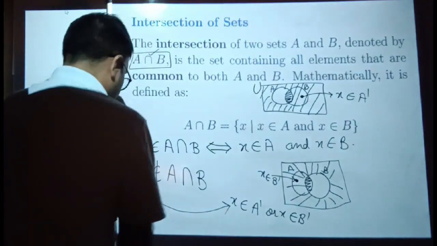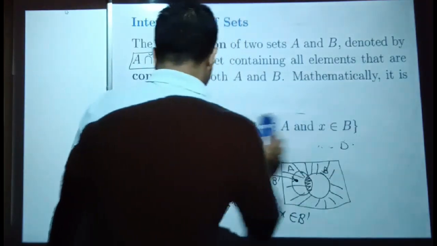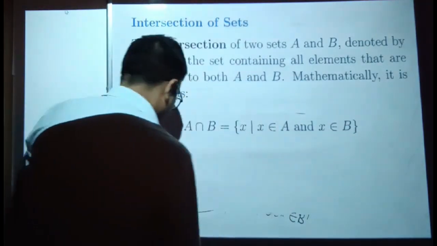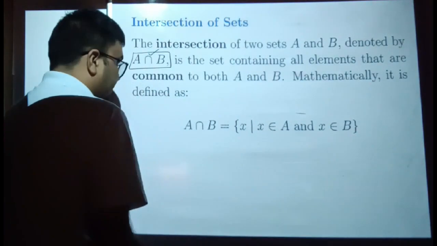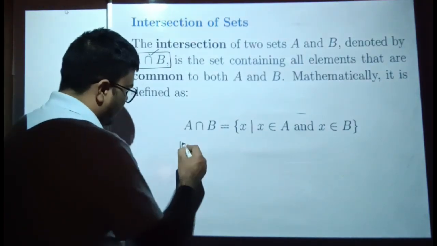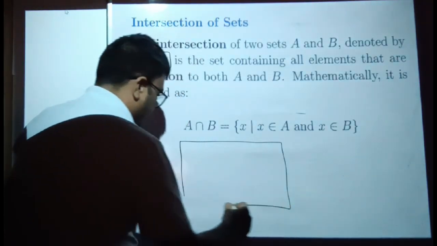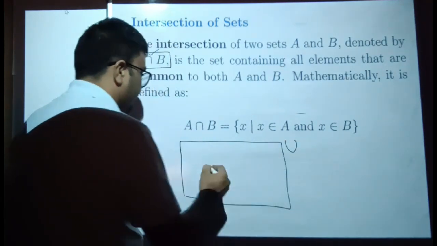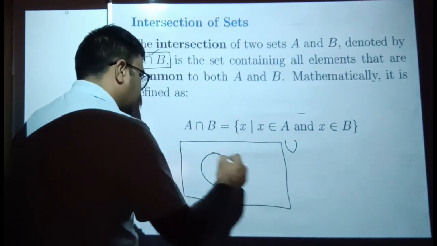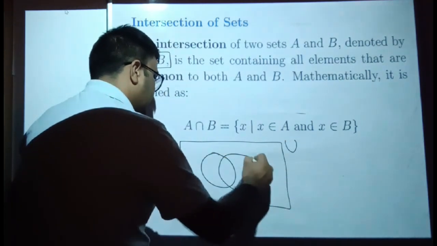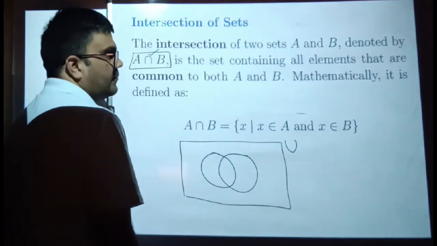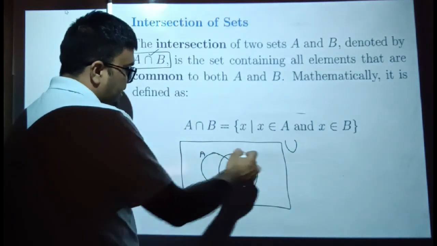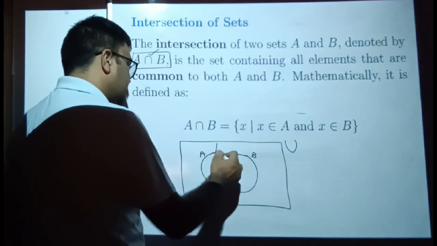I am again trying to explain this. This is U. We have two sets, this is the set A and this is the set B. What is A complement?